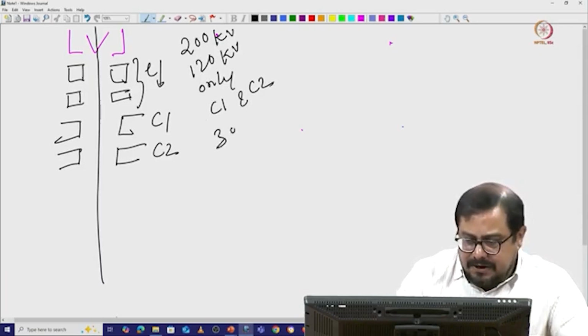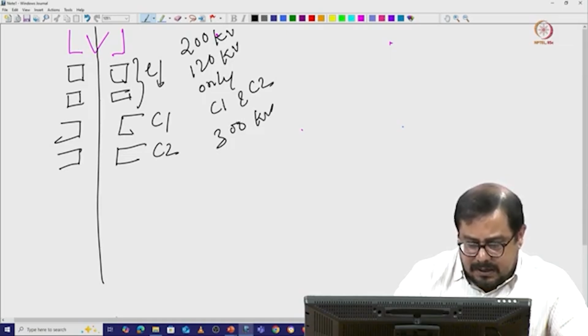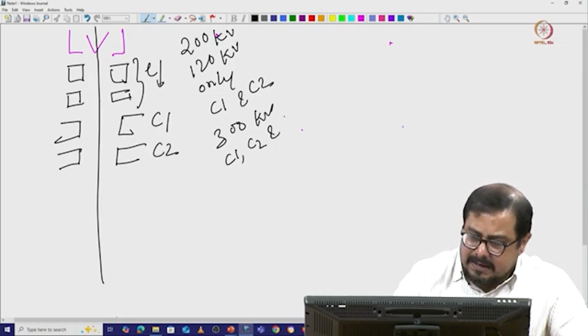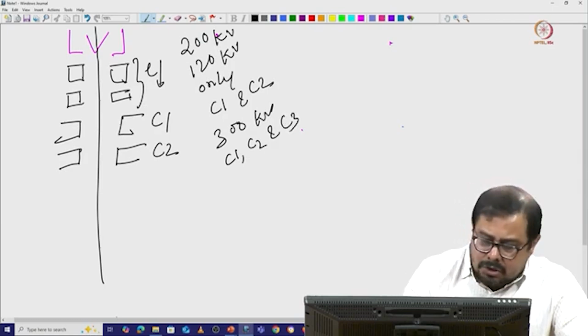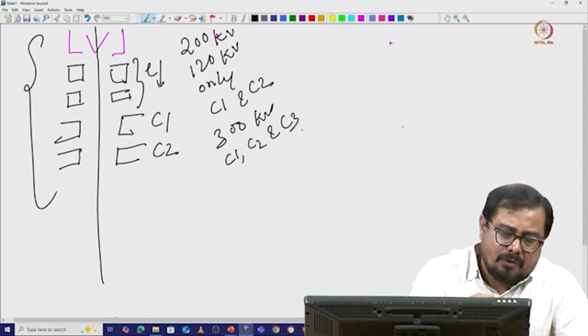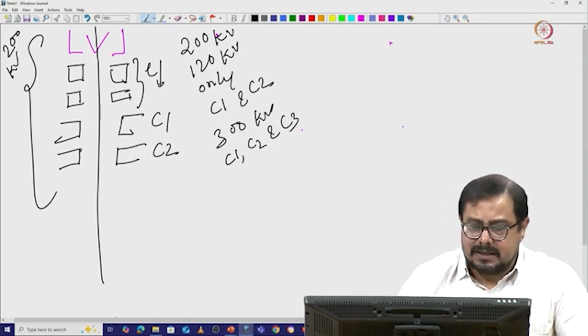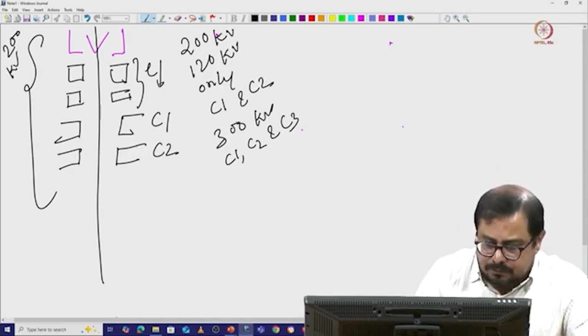For a 300 kV microscope we have condenser lens 1, condenser lens 2 and condenser lens 3. At this moment we are considering a system of 200 kV or 120 kV, so mostly you can see condenser lens 1 and condenser lens 2.